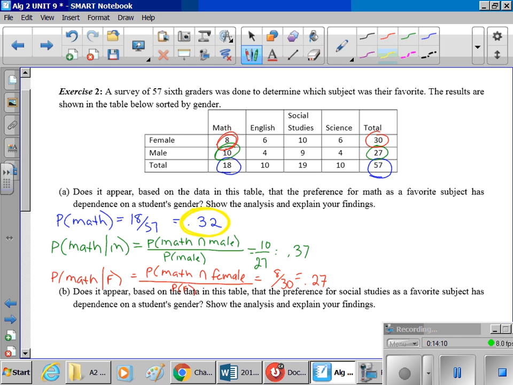So if we have to show and explain your findings, because, I hate starting a sentence with because, but I guess we can.